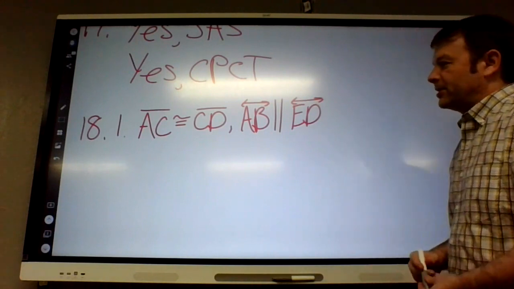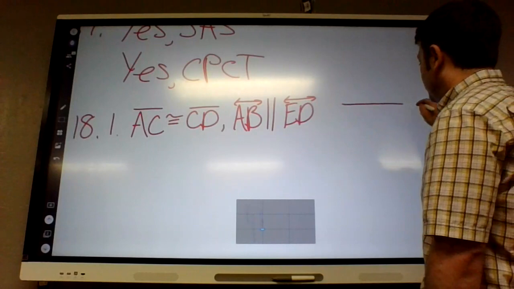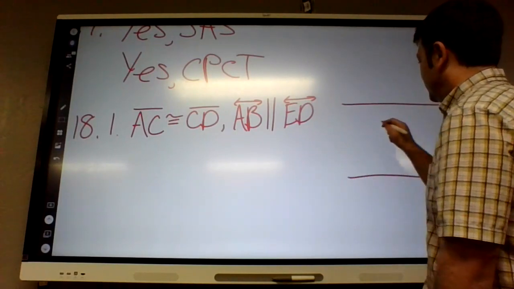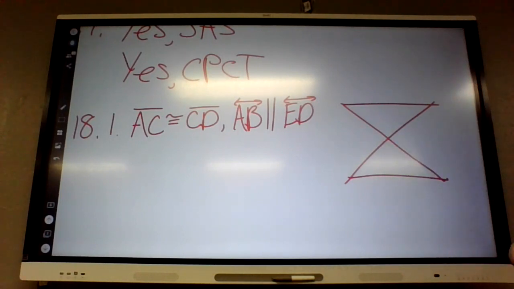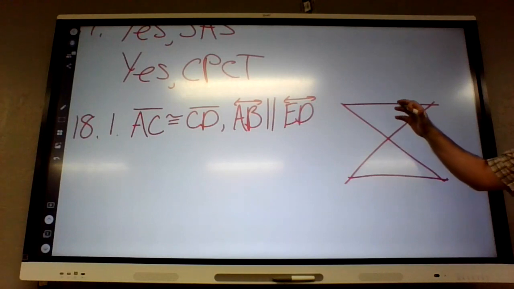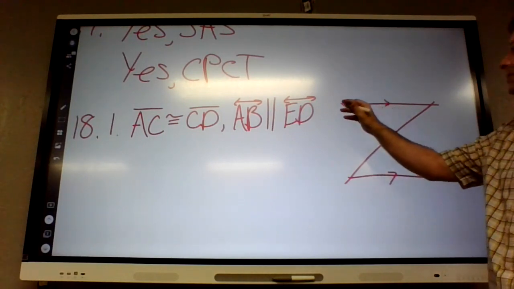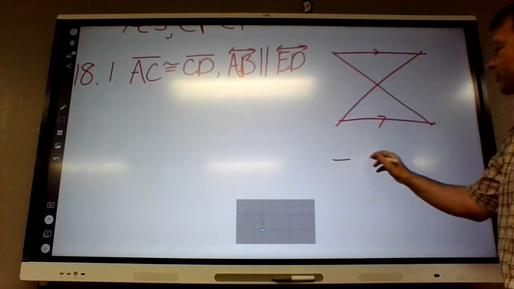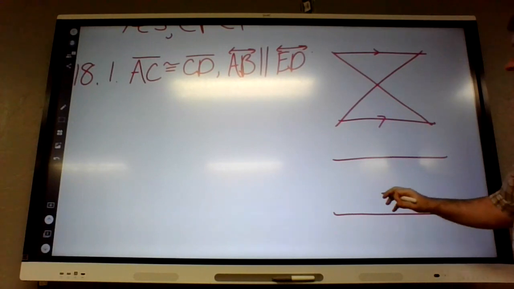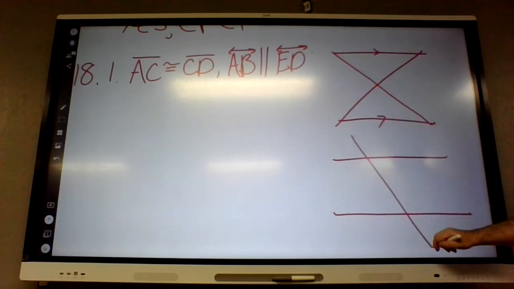The other thing I want to talk about is, so those lines are parallel, right? Do you guys remember last chapter? Let me change this picture a little bit. What if I just draw these lines and then this line, but I extend the lines?